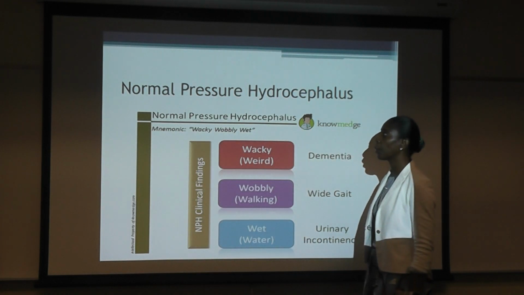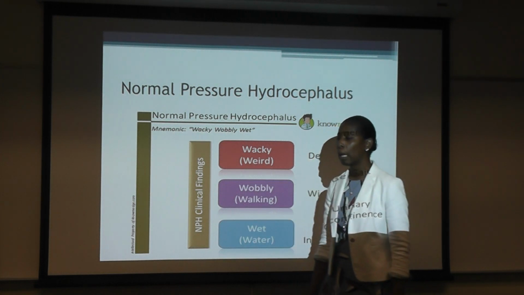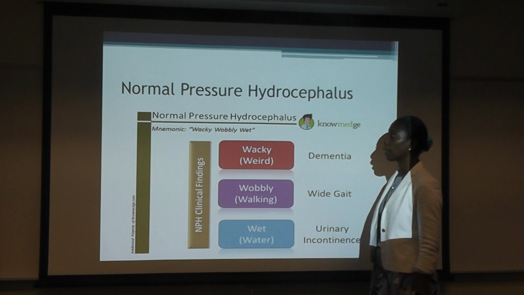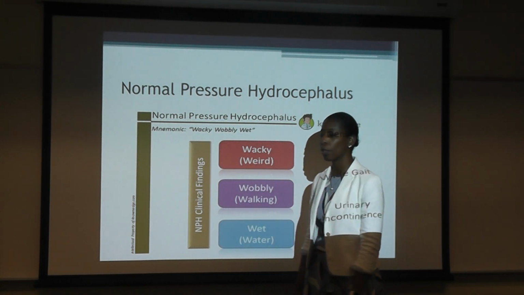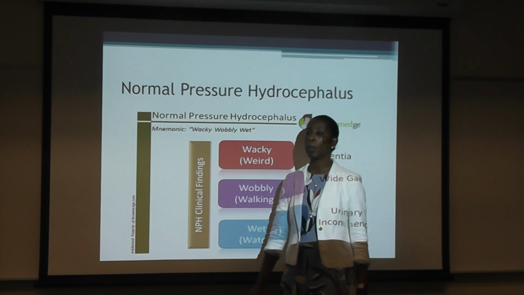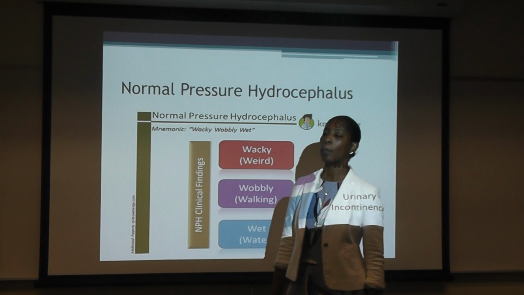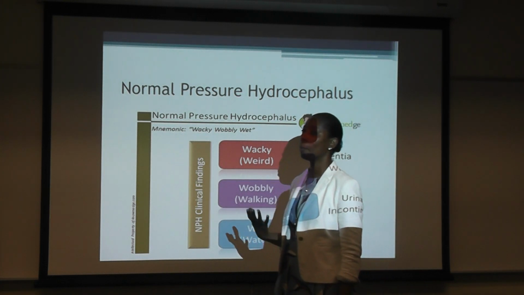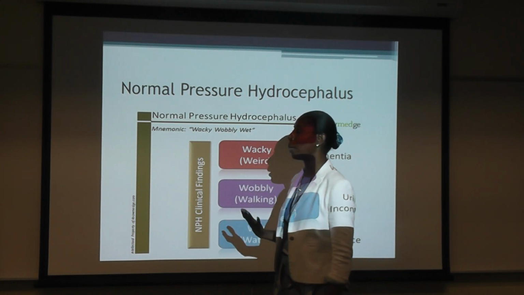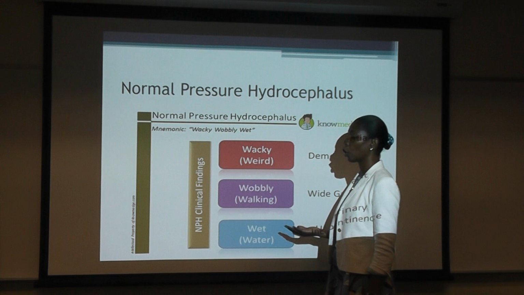Normal pressure hydrocephalus is another form of hydrocephalus that's out there. In normal pressure hydrocephalus, there's no blockage, and there's no problem with the arachnoid villi. However, this person ends up having enlarged ventricles and not circulating CSF like they should.